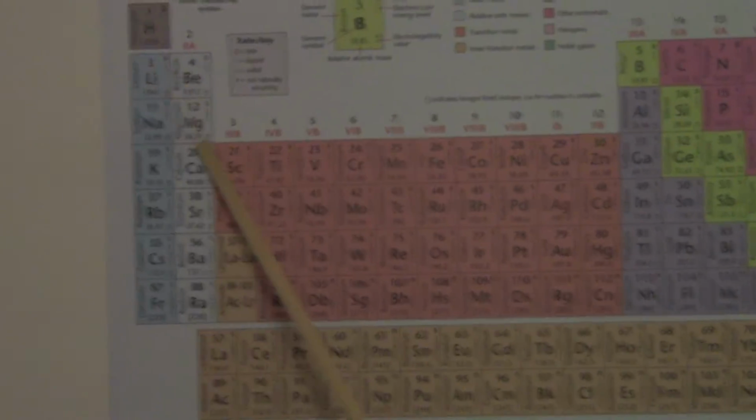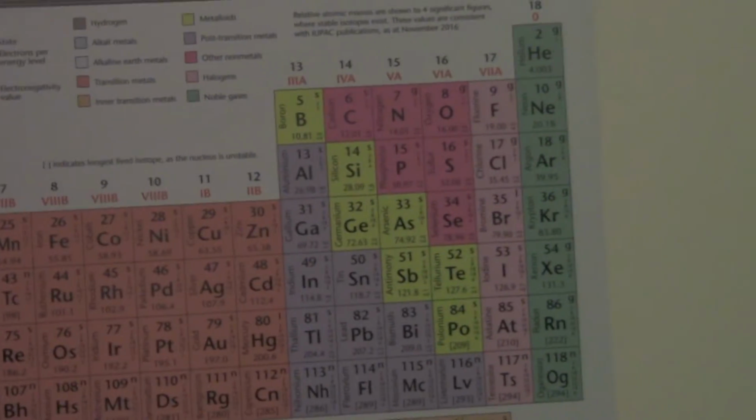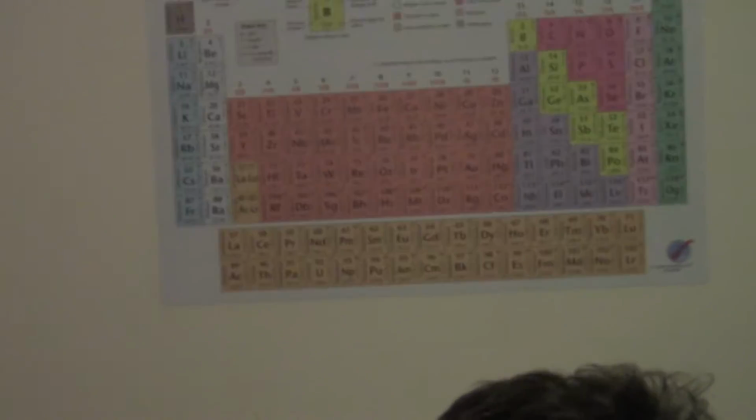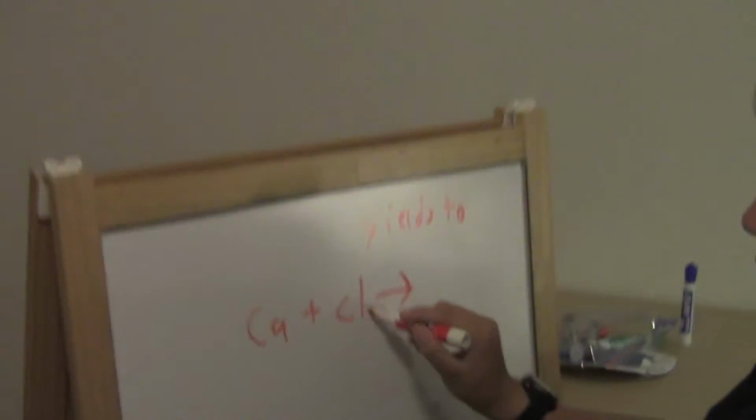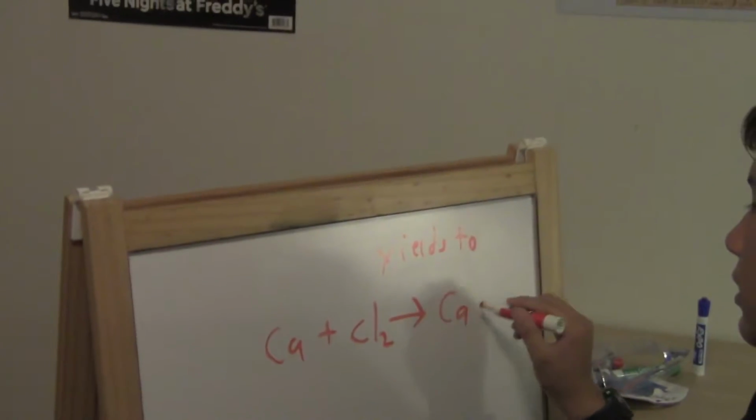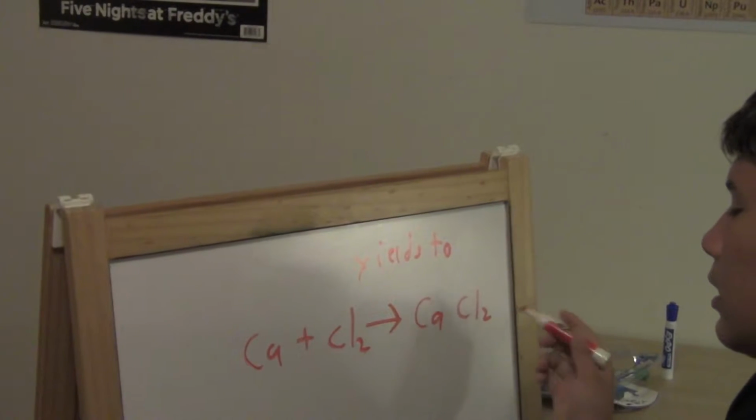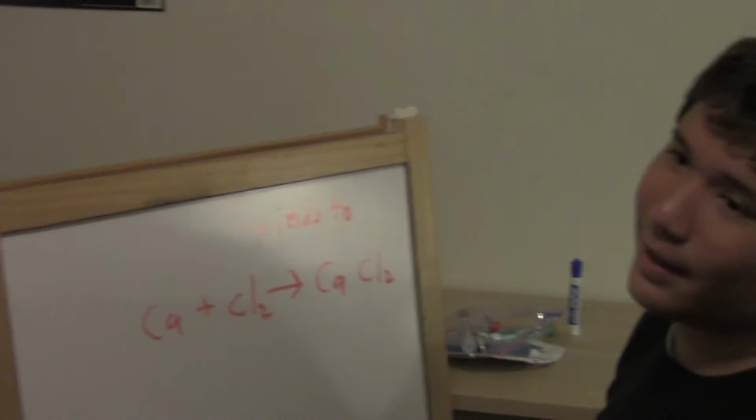So using my equation here, one calcium and two chlorines, due to their placement in the periodic table, yield calcium chloride.